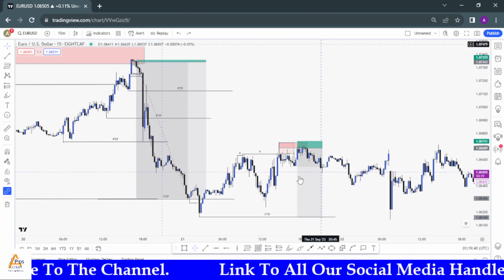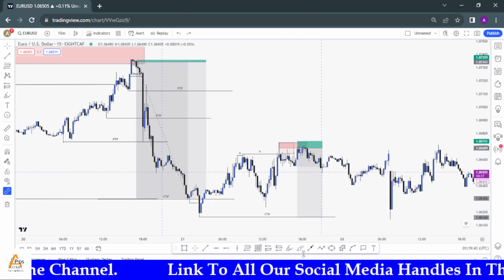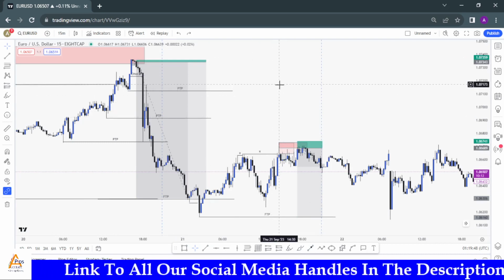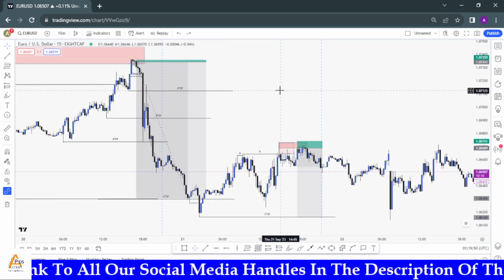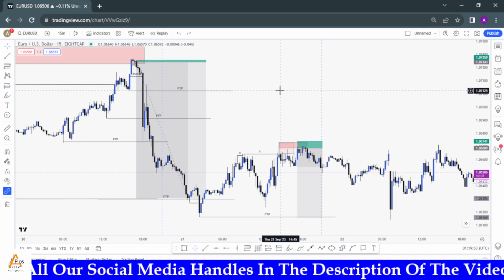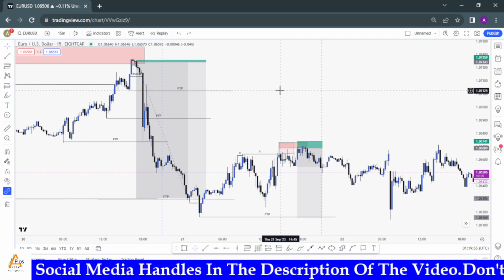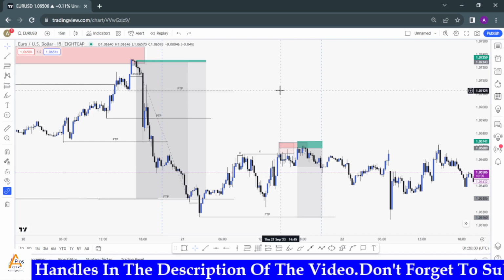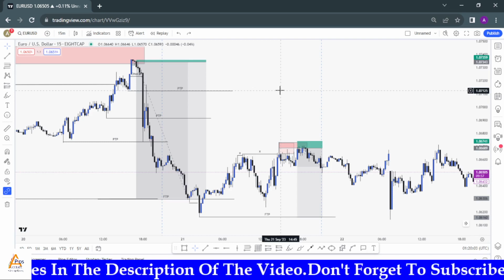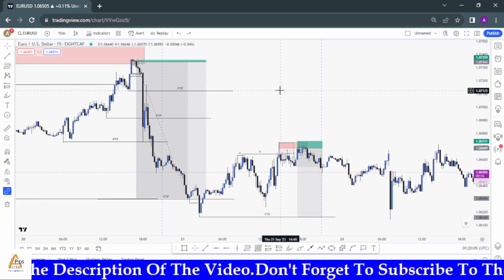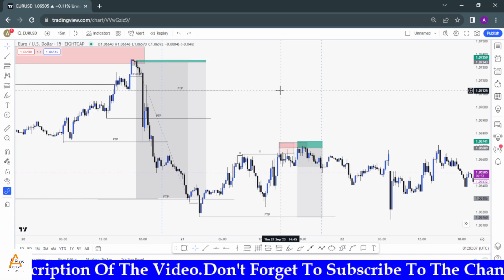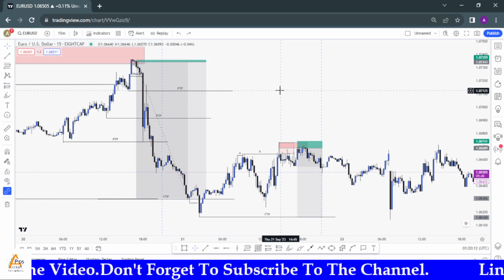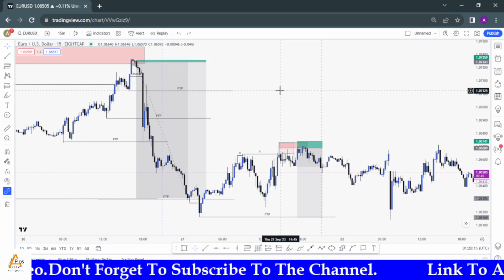So for instance, if it is a $100 account you are using, and you want to risk 1% of that account, you just take your calculator and multiply your 100 by 0.01, and that will give you $1. So it means you are risking $1 of your account.